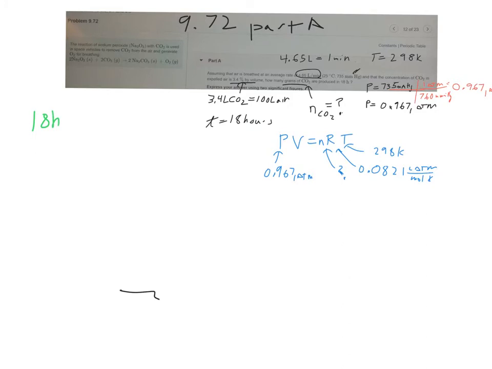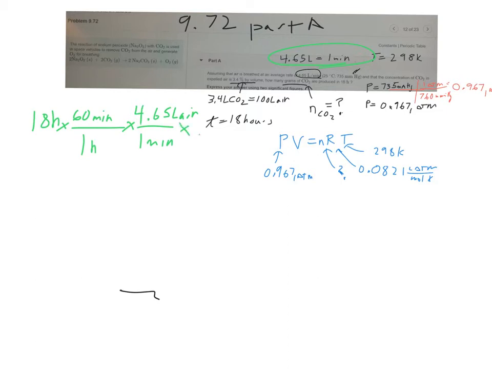I don't know anything about hours, except that 1 hour is 60 minutes. Do I know a relationship between minutes and volume? Yeah, right there. So I know that I have 4.65 liters of air per 1 minute. Wow, that's like a really sloppy 4. Much better.